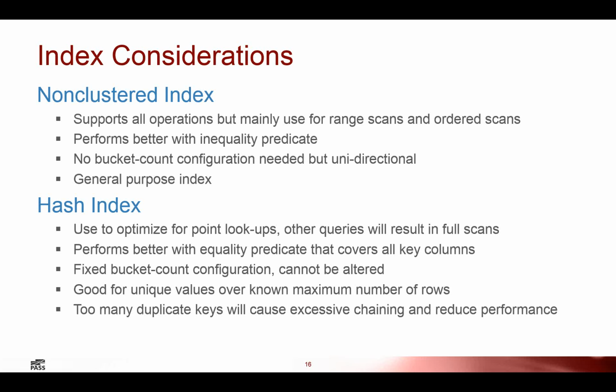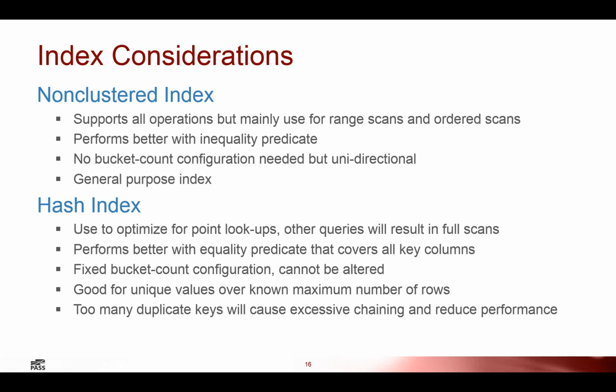It also has a fixed bucket count configuration, and this has to be configured as you create the table. You cannot change it afterwards without dropping the table. This is good for unique values, for example, if you have a primary key over a known maximum number of rows.